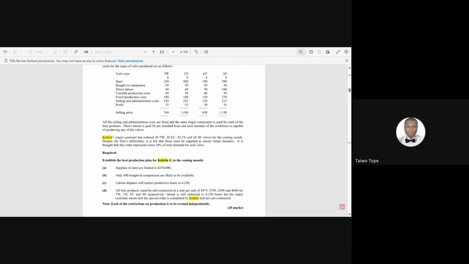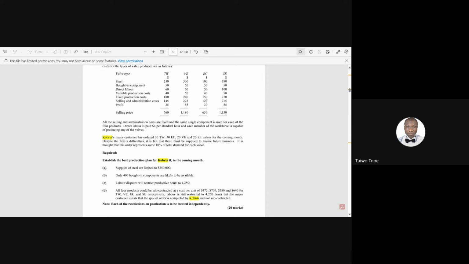The selling price of TW by Cobrin is 760, and the subcontract cost is 475. So 760 minus 475 will give you the profit if you subcontract.